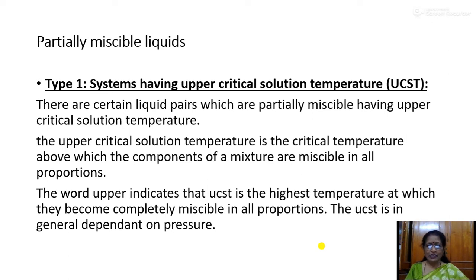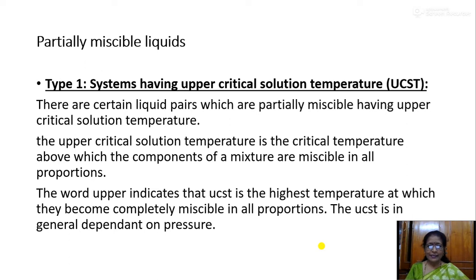As I said earlier, it is a partially miscible liquid, but when these partially miscible liquids are mixed and heated to a certain temperature, they become completely miscible in all proportions. The word upper indicates that the upper CST is the highest temperature at which they become completely miscible in all proportions.